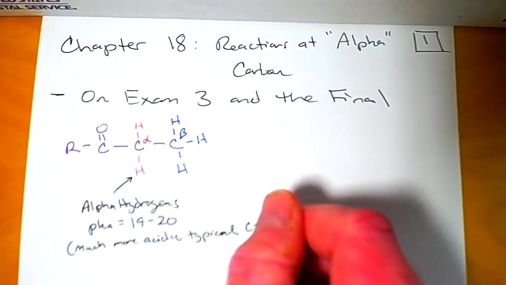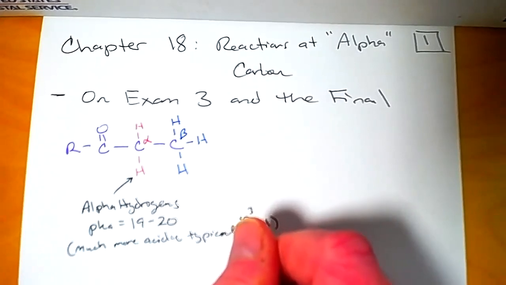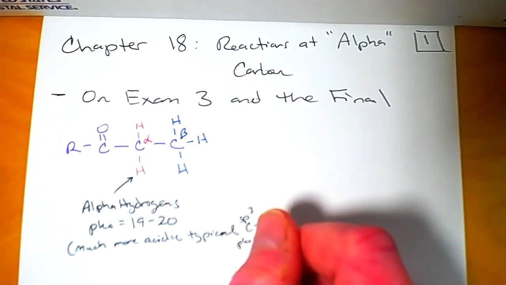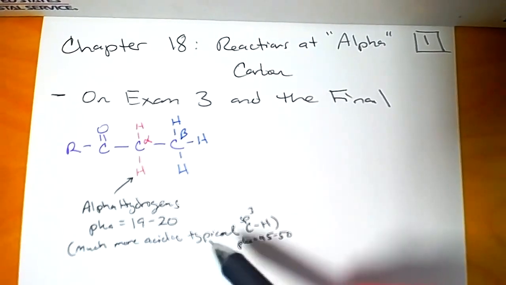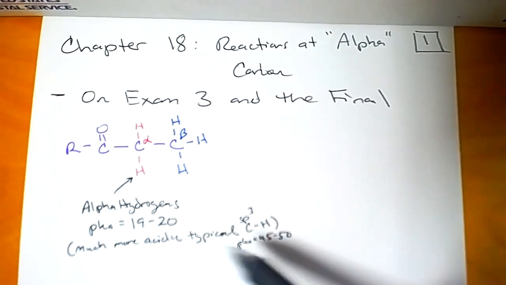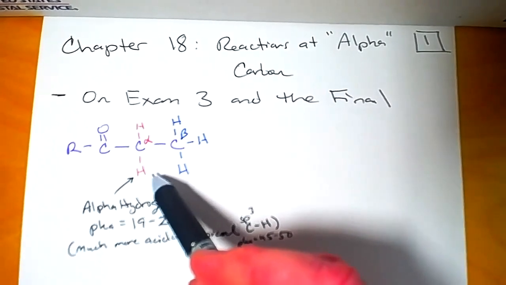A typical carbon-hydrogen bond on a carbon that's sp3 hybridized has a pKa value generally in the range of about 45 to 50. So we're talking 10 to the 25th, 10 to the 30th more acidic for these hydrogens right here.